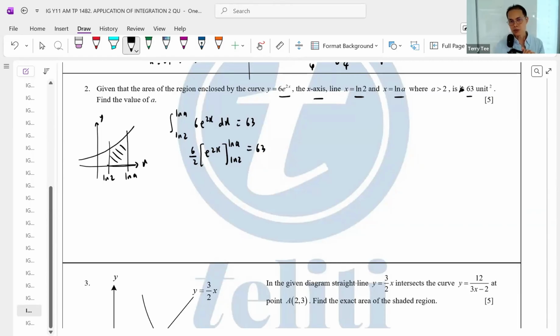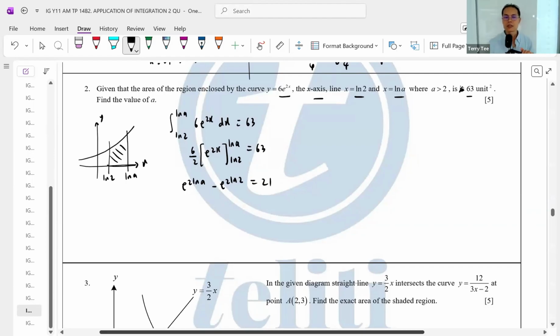Now this 6 divided by 2 is 3, you can divide it. On the right hand side becomes 21. Sub ln a inside, so it's 2 ln a, e to the power 2 ln a, minus e to the power 2 ln 2. Now remember, e to the power n ln x is x to the power n. So in this case, this will be a to the power 2.